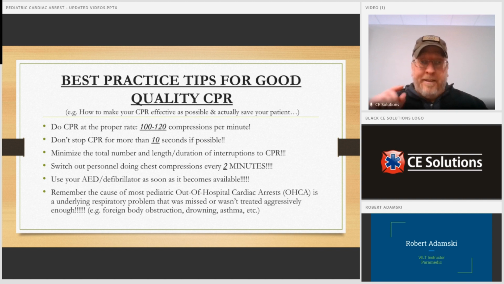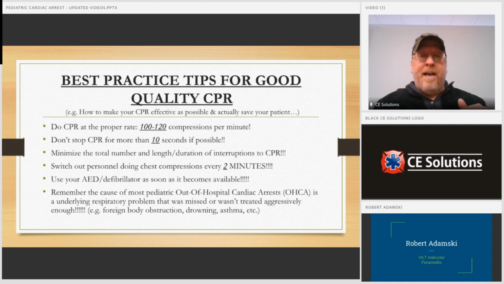So the take home message for that last final bullet point is when we have our pediatric patients that have respiratory problems, you need to have a high index of suspicion that something bad may happen, and you need to treat those patients aggressively and monitor them to make sure they're at least stable or they're improving.